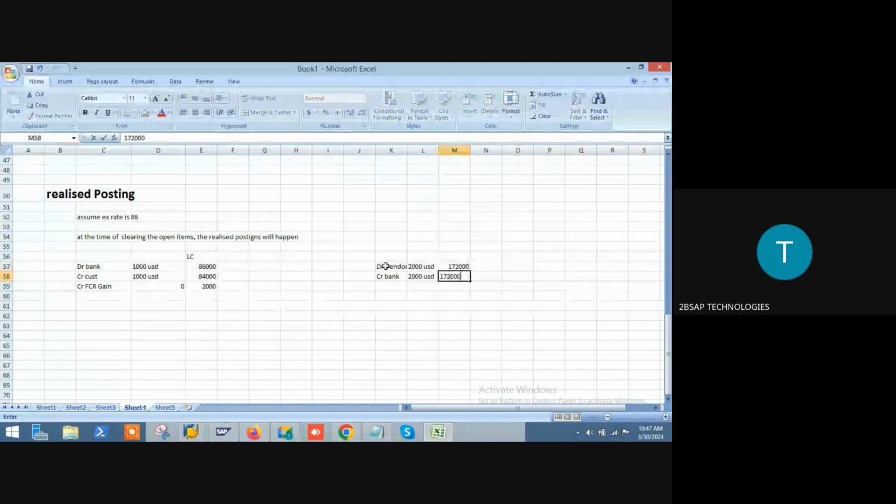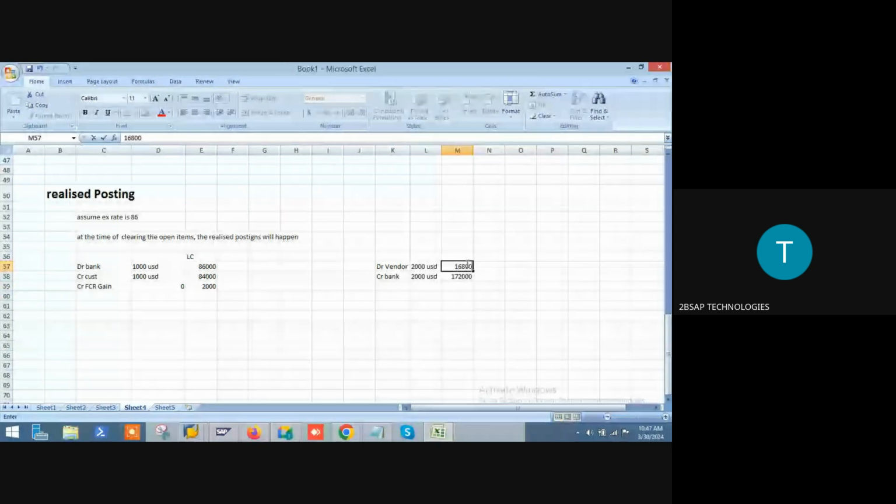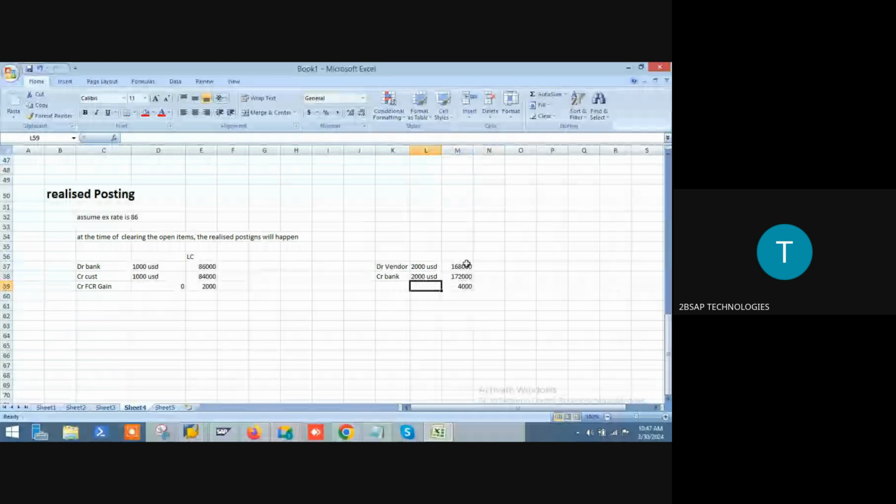Clear, sir? But what is your vendor invoice value in terms of local currency amount? To clear, it has to be the same. So it is 168,000 at the time of your invoice. So whatever the difference is there, 4,000, debited to loss. FCR loss. Correct, sir?